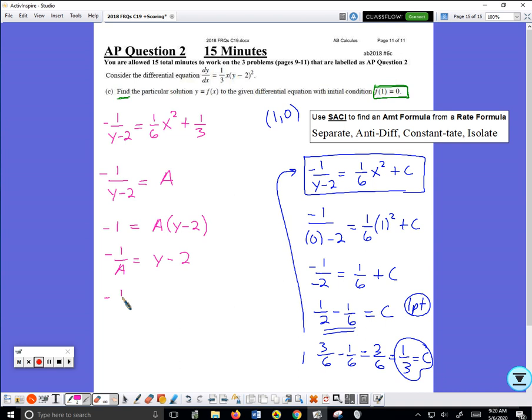So I have negative 1 divided by all of this, which I called a. I add the 2 across. That's equal to y. That gets me one more point to get that far.